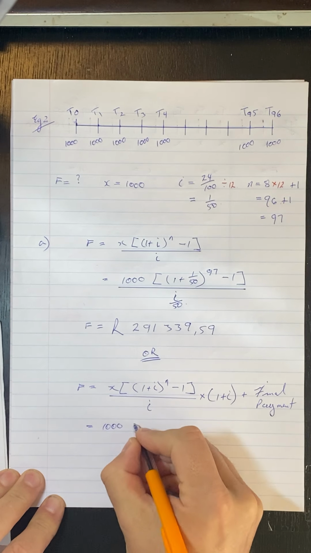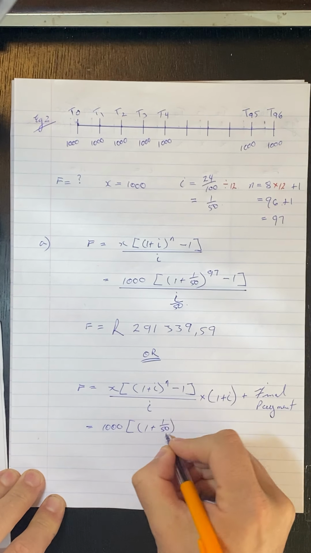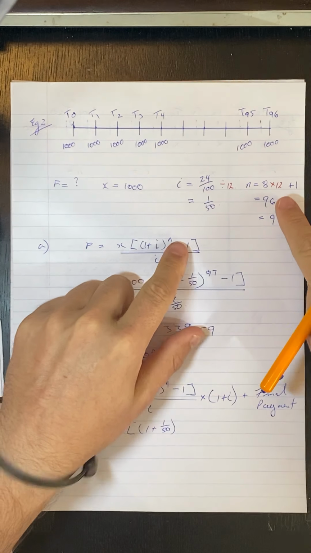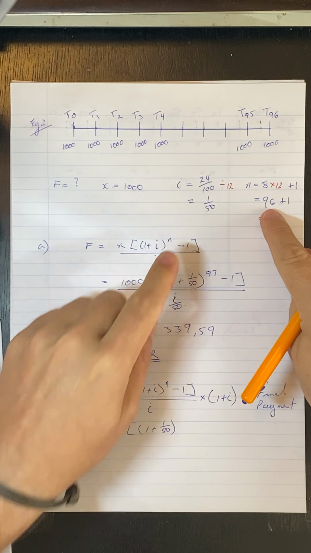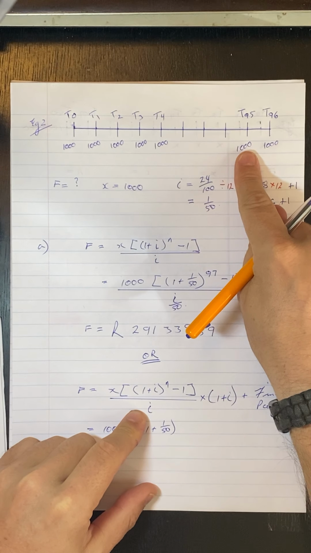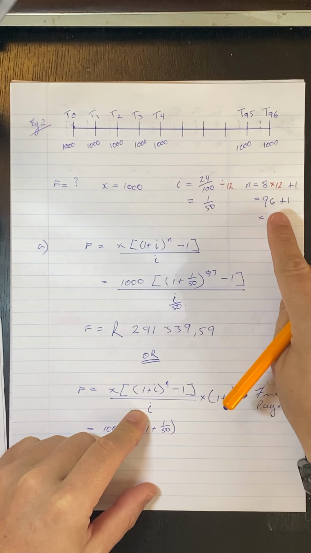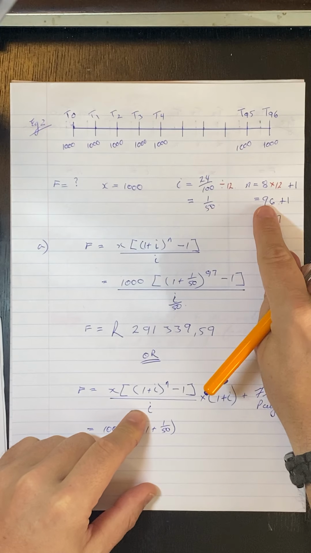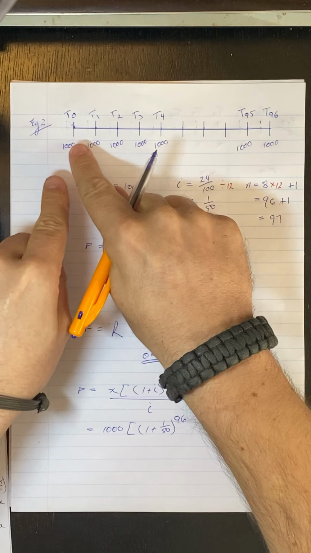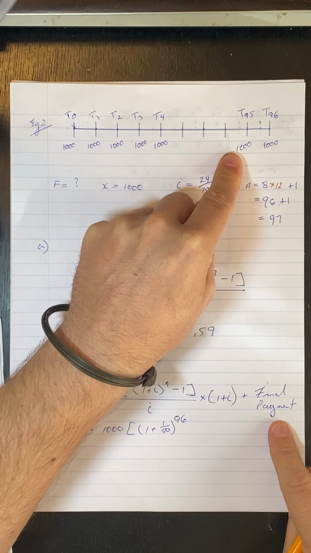1,000 times (1 plus 1 over 50) to the power of, now this is where you've got to be careful, and that's why I wrote it differently over here. Now this one here will only be up to there, because you'll only get interest for this last payment here. So this n here will be 96 now, because this is only incorporating the interest for those amounts. This one does not get interest, and that is why I added it on the end like that.